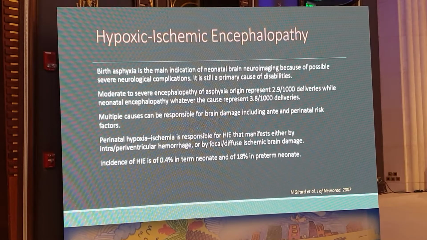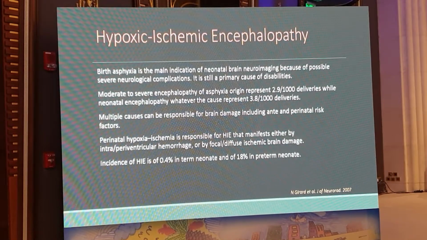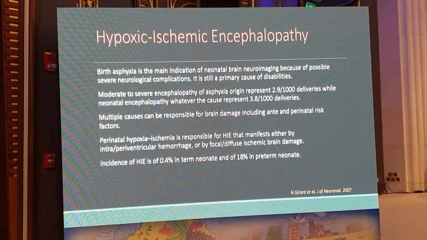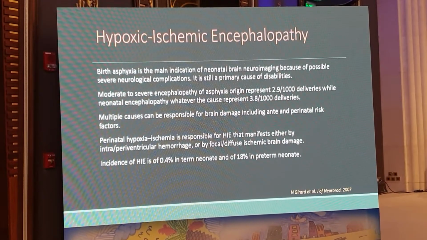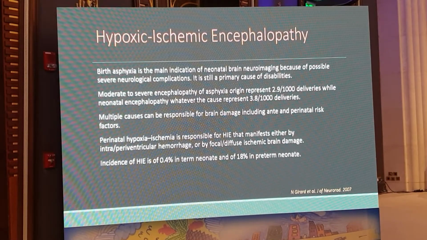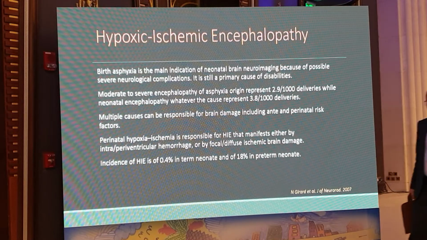Moderate to severe encephalopathy of asphyxia origin represents 2.9 per thousand deliveries, while neonatal encephalopathy, whatever the cause, is 3.8 per thousand. So the main cause of neonatal encephalopathy is HIE. Incidence of HIE is 0.4% in term, and much higher, like 18%, in preterm, according to the source.